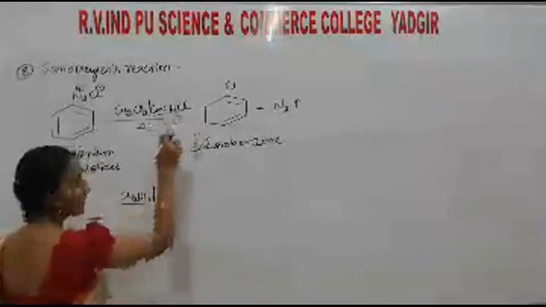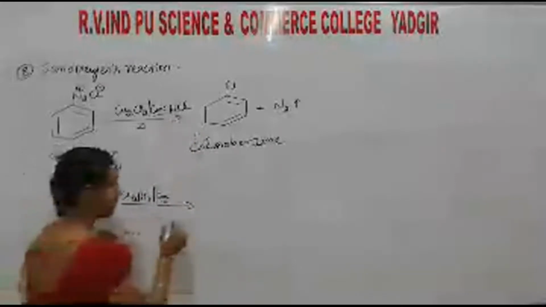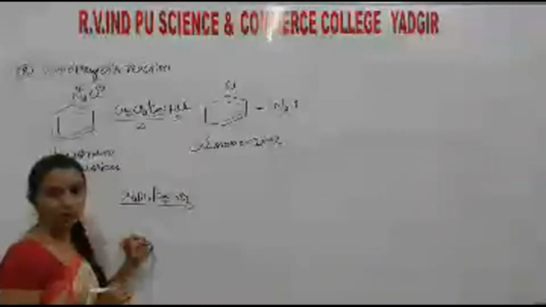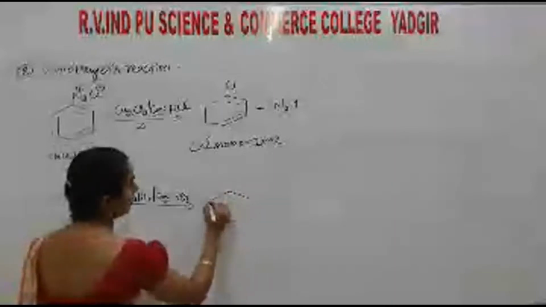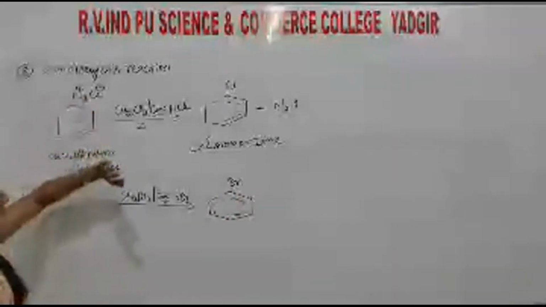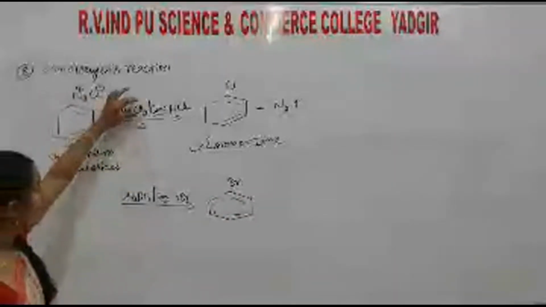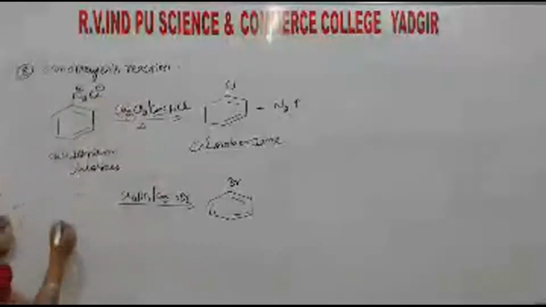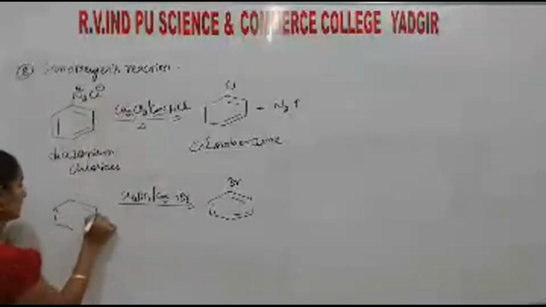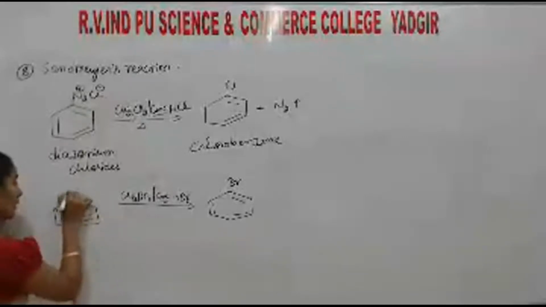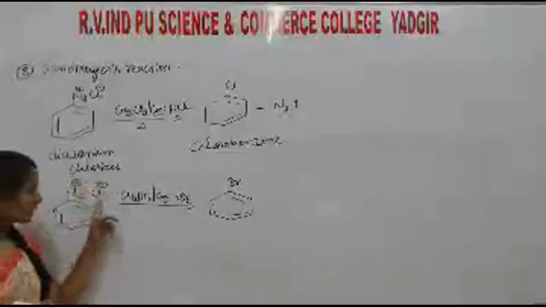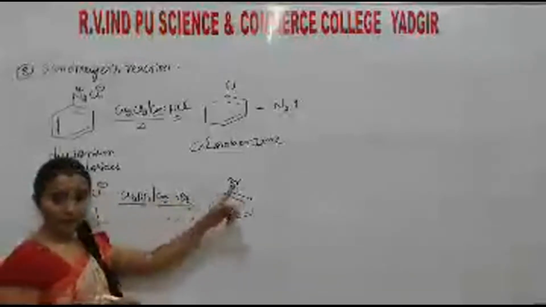HBr, hydrogen bromide. So then we will get bromobenzene. So listen students, here also Cl is there, here also Cl is there. But on the reactant side, you take N2 plus Cl minus; here Cl is there, and in the product Br is there.